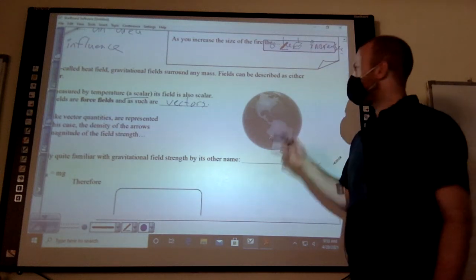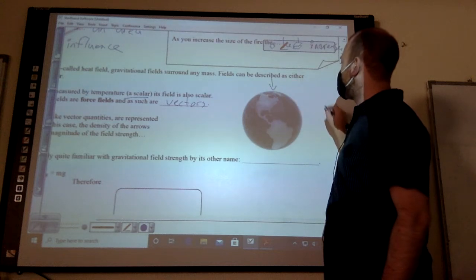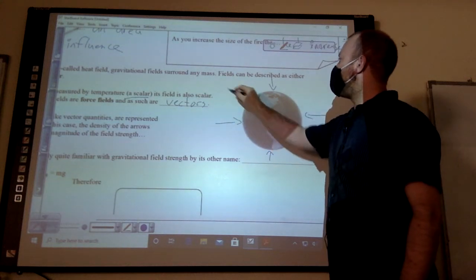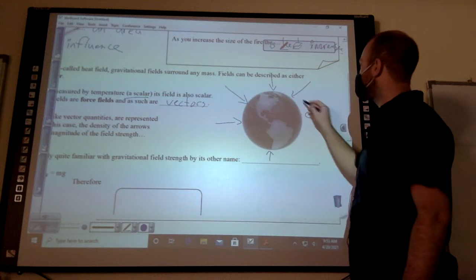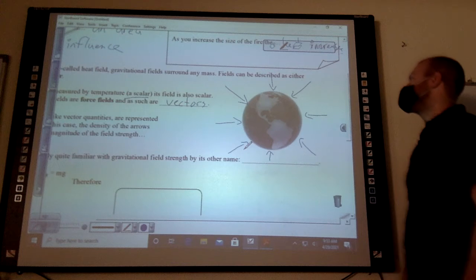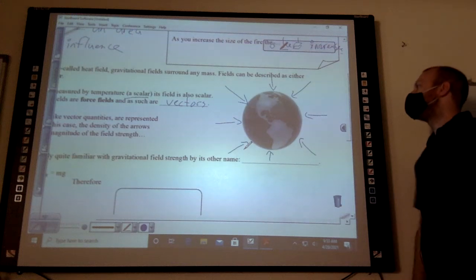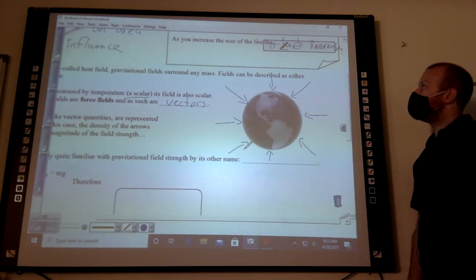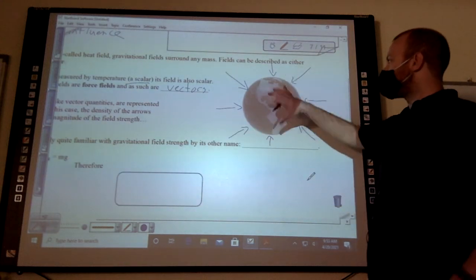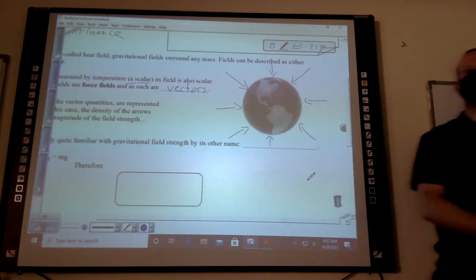Gravity doesn't push. So if we looked at the field around here, you'd have arrows moving towards it. It's not a constant field because it changes as you get farther away. The densities at specific radiuses are constant.